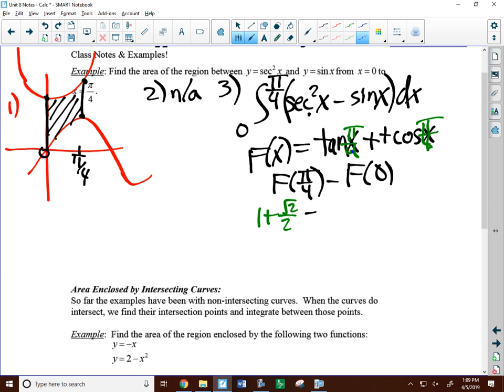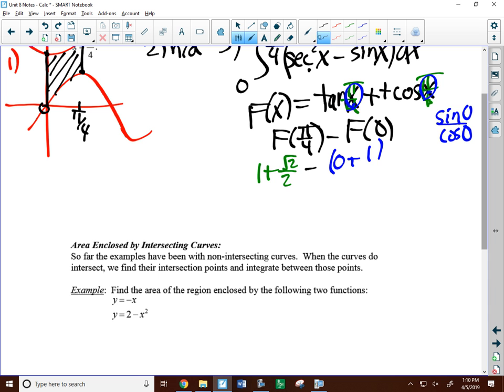Minus, now when I plug in 0, tangent of 0 is 0. It's really sine over cosine, so sine of 0 over cosine of 0, that'd be 0 over 1. Plus cosine of 0 is 1.